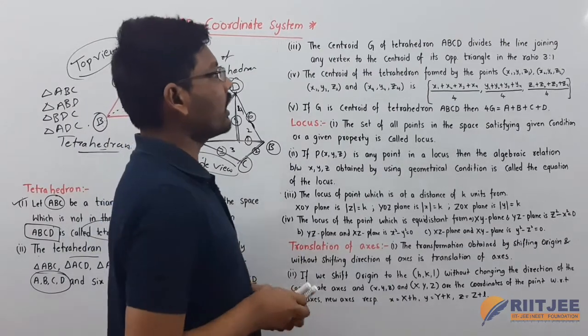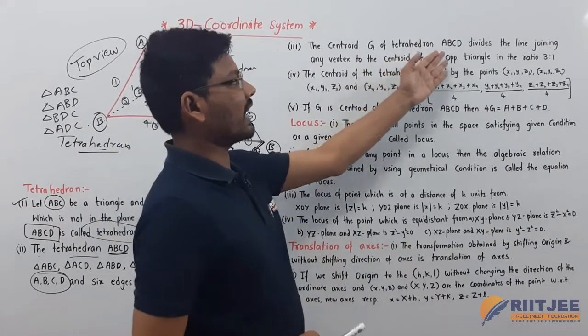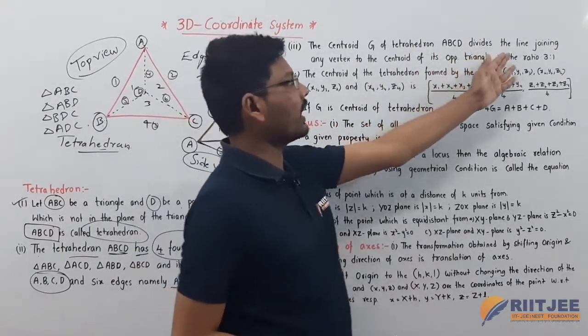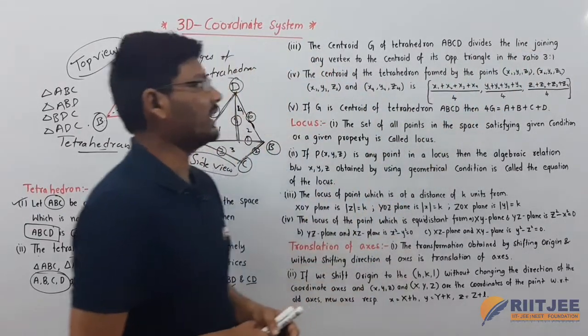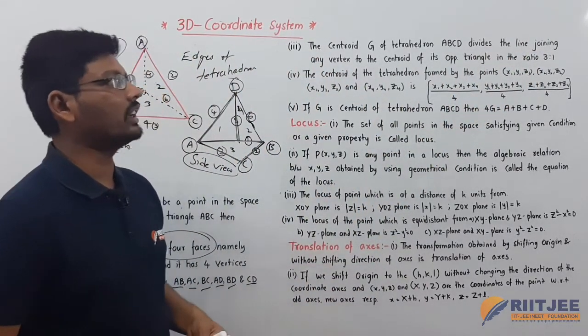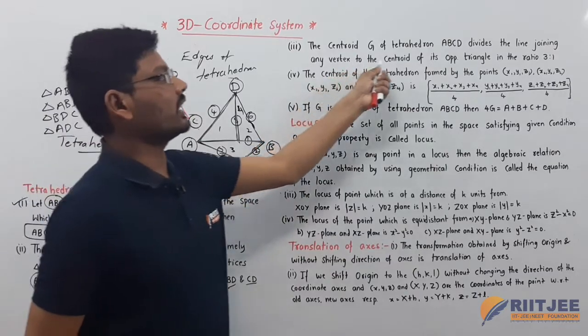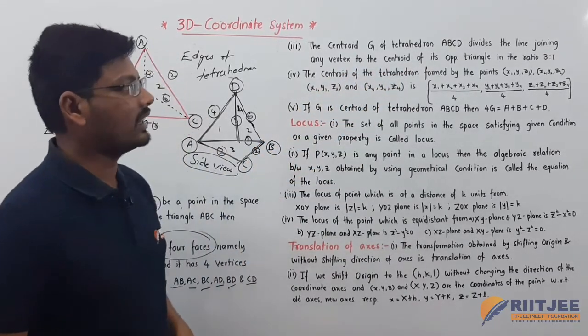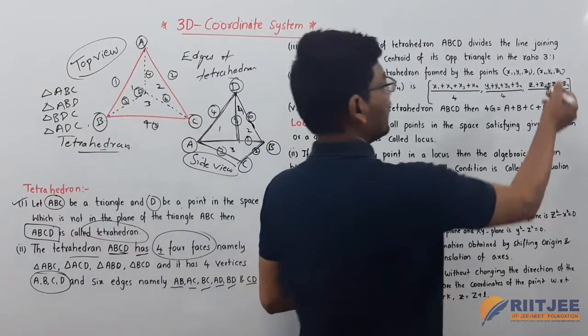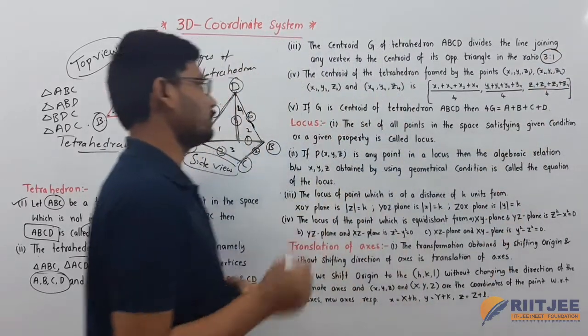The centroid G of tetrahedron ABCD divides the line joining any vertex to the centroid of the opposite triangle in the ratio of 3:1. This is the most important point.